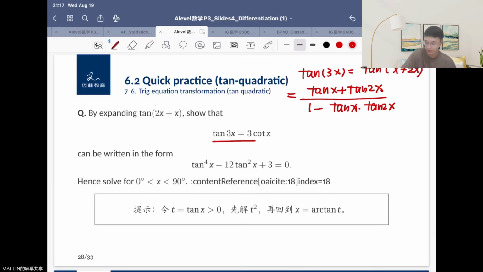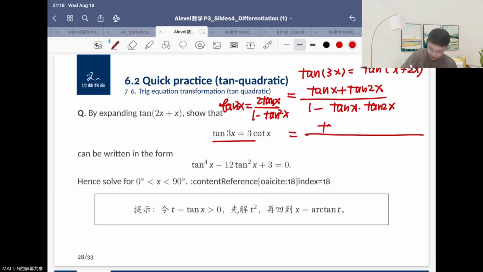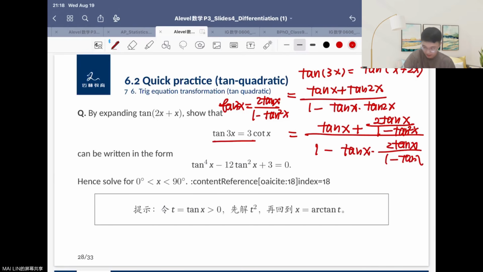For tan 2x, we set it equal to 2 tan x divided by 1 minus tan squared x. So this value becomes tan x plus 2 tan x over 1 minus tan squared x, divided by 1 minus tan x times 2 tan x over 1 minus tan squared x.